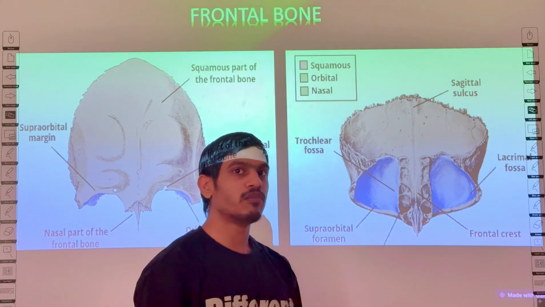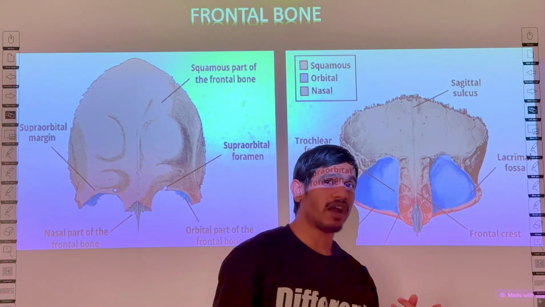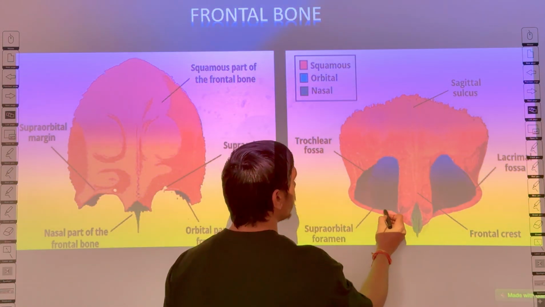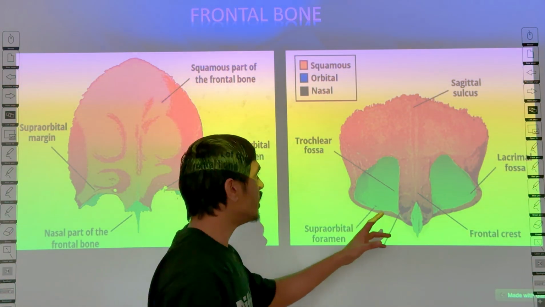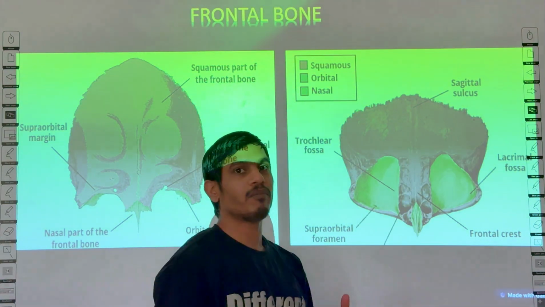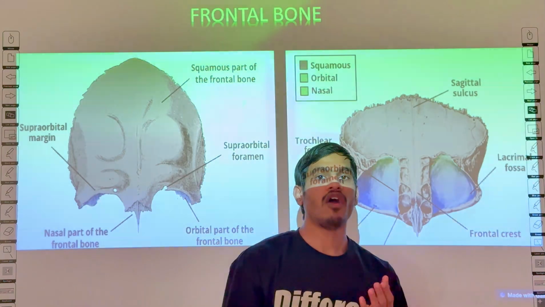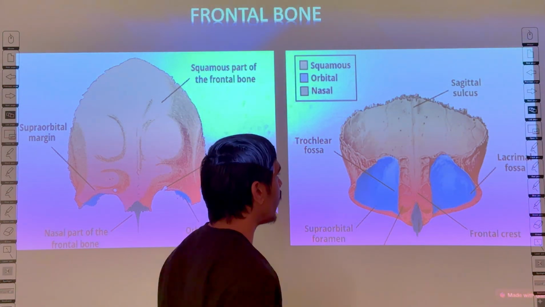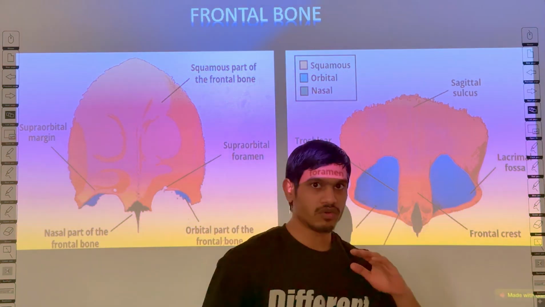After that, we will move on to the second part of the frontal bone, known as the orbital part of the frontal bone. It is triangular in shape, formed by the posterior extension of the frontal bone, and it provides two things.